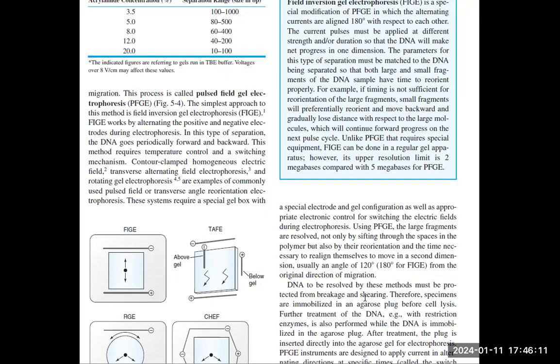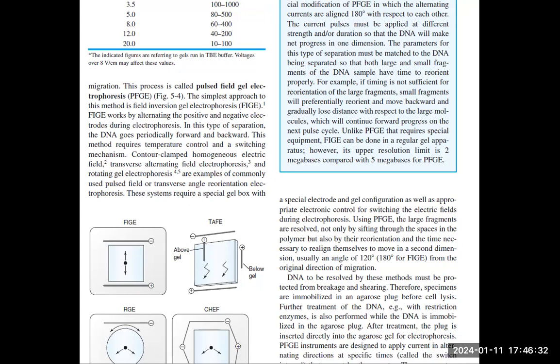So we need to protect them by immobilizing them in an agarose plug before cell lysis. Further treatment of the DNA with restriction enzymes is also performed while the DNA is immobilized in the agarose plug. Then that plug is inserted directly into the agarose gel for electrophoresis.